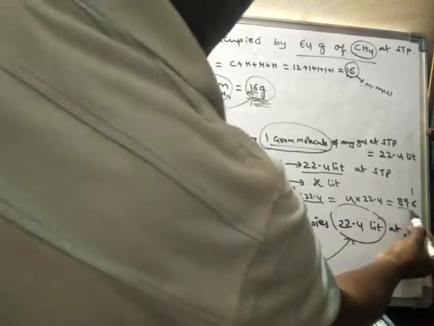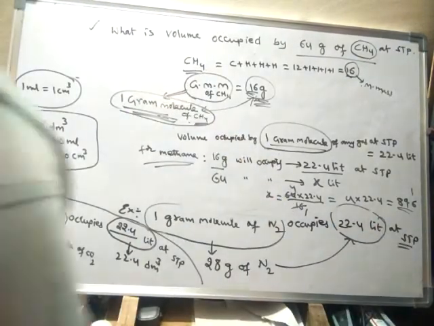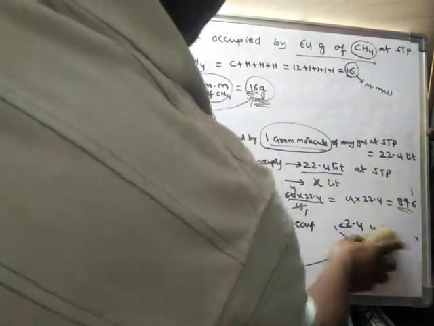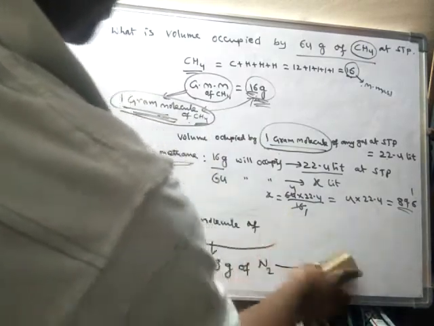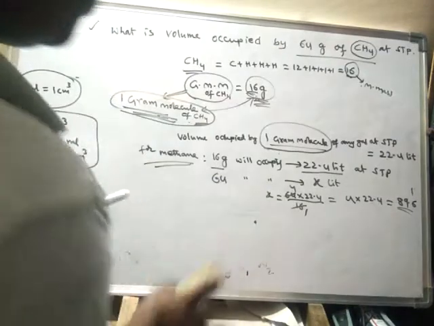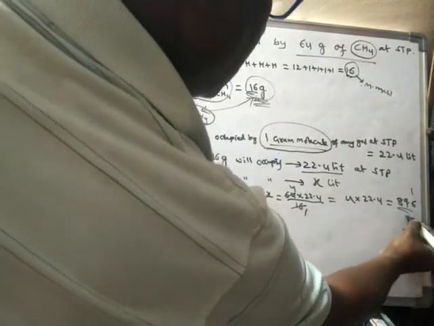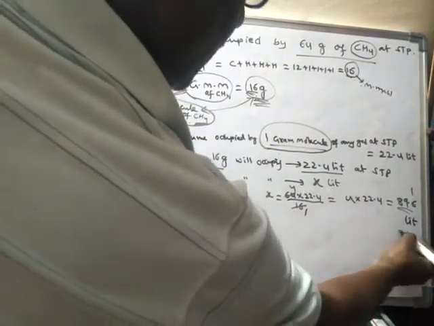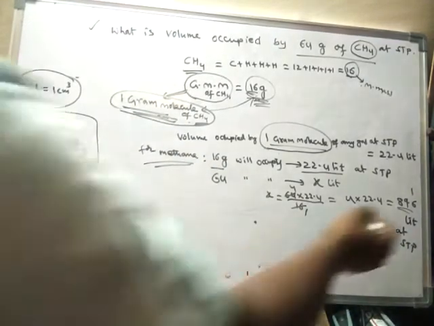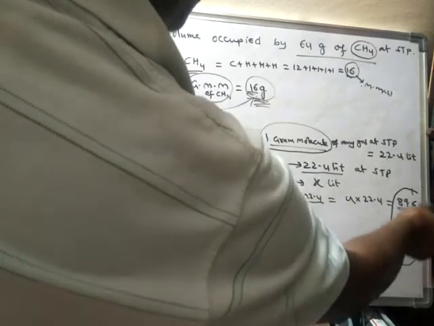So 89.6 liters of volume is occupied by how much methane? That means 64 grams of methane will occupy 89.6 liters at STP.